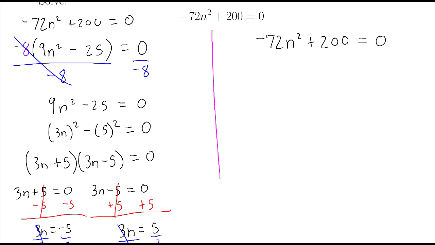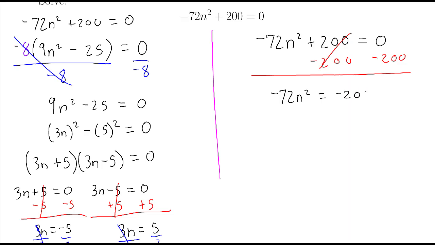Remember, to use the square root property, you need to get n squared by itself. So I'm going to subtract 200 from both sides. Negative 72 n squared equals negative 200. I will now divide both sides by negative 72.